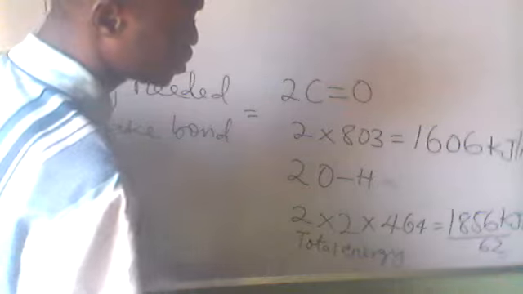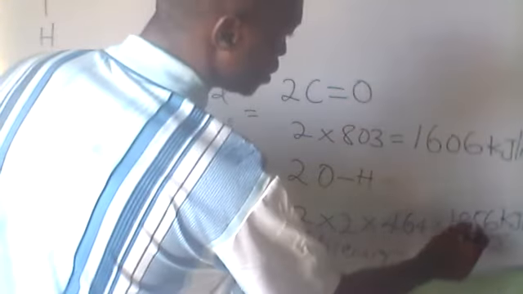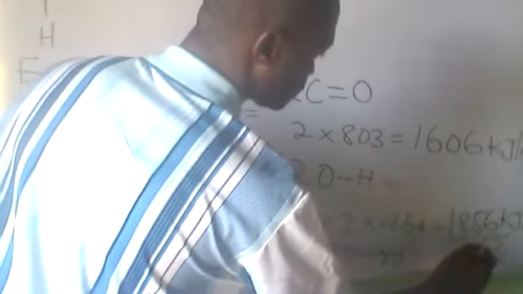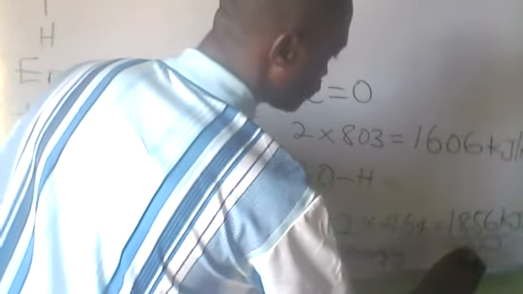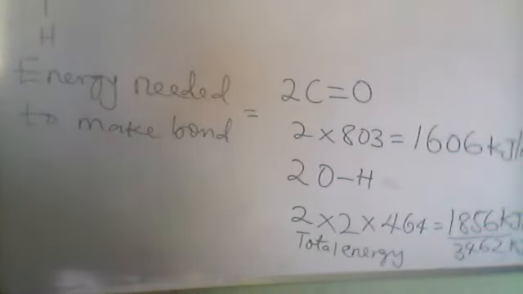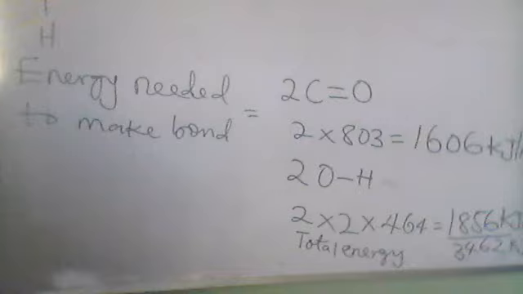That will be 6. This will give us 14. This will give us 2 plus 1. That is 3. I have kilojoule per mole. Okay, you're going to have 3,462 kilojoule per mole.